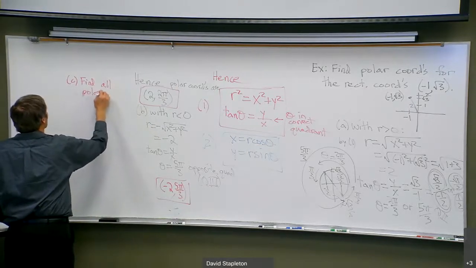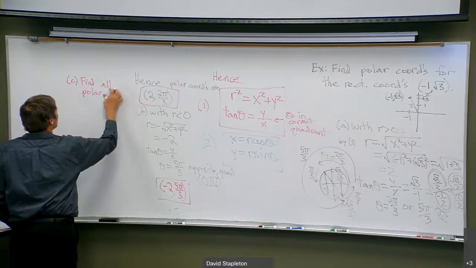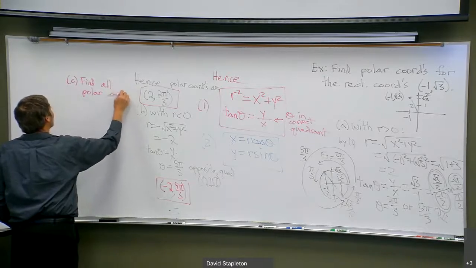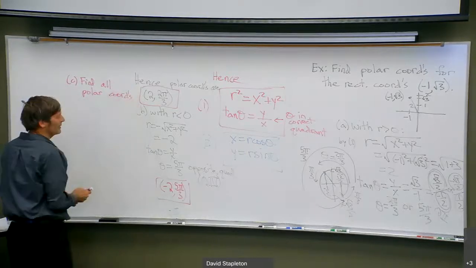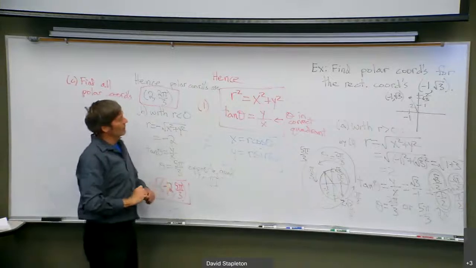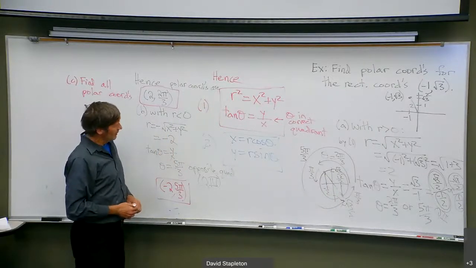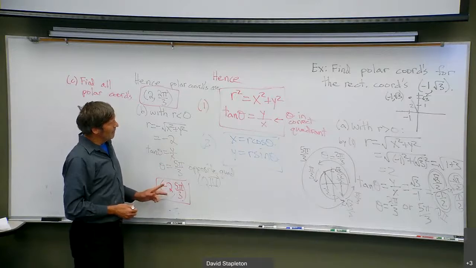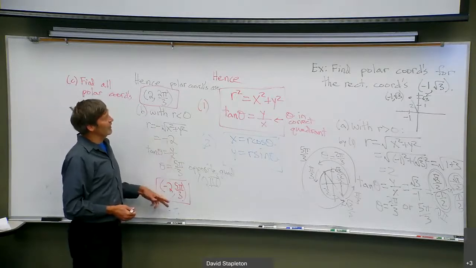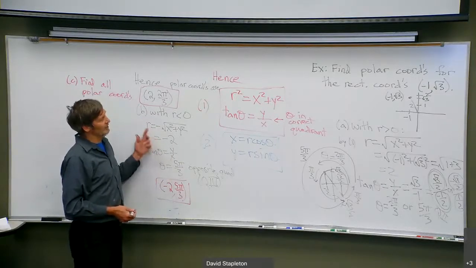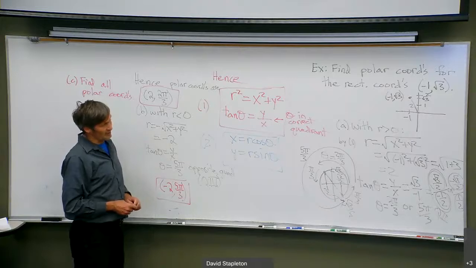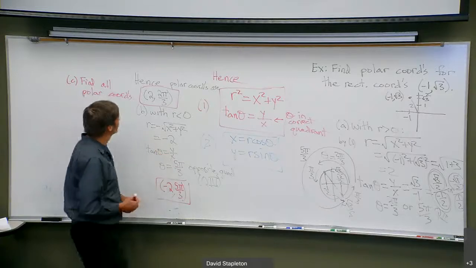What do we need for all polar coordinates? We need to have the angle either to the point or directly opposite, and r either positive or negative. And if you think about r, it can only be these two values. It can only be the distance to the point or minus the distance. We just have to choose theta and have the right terminal ray.